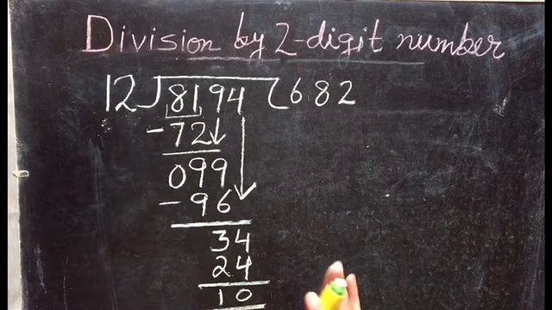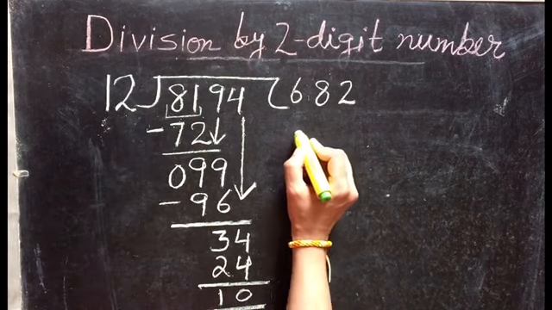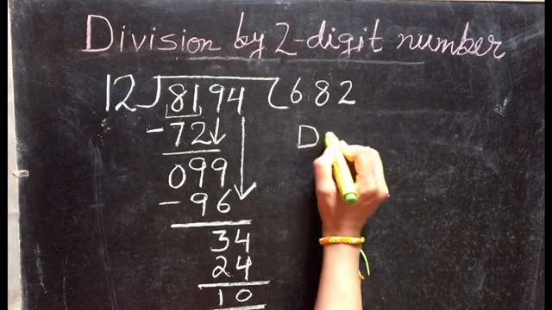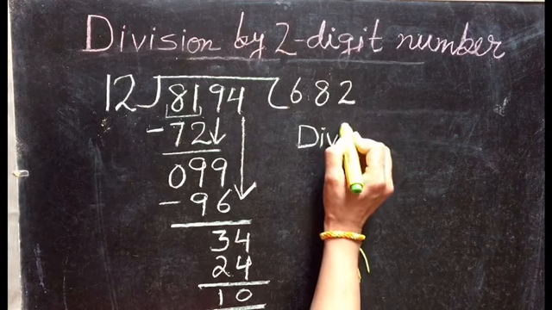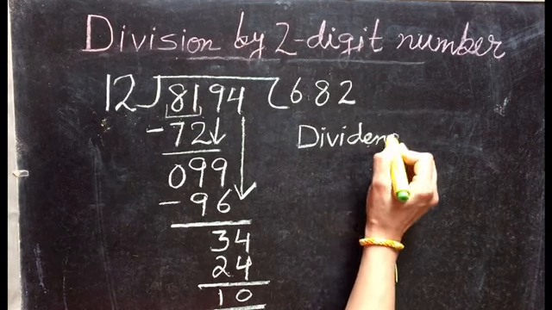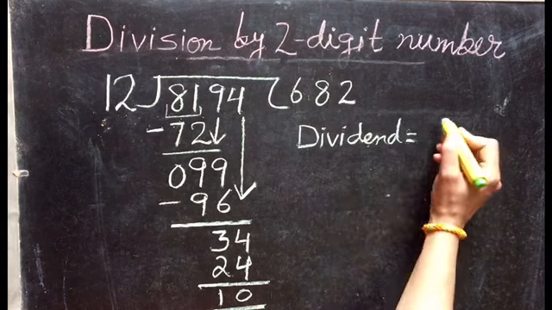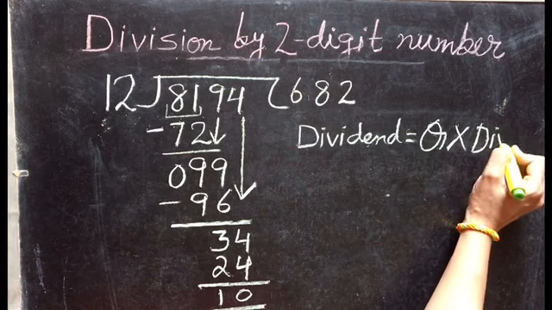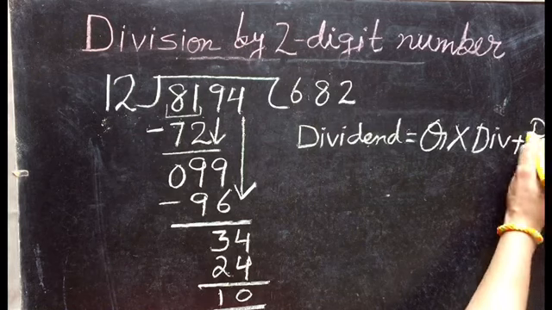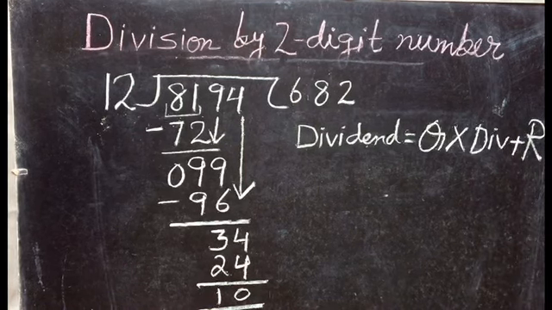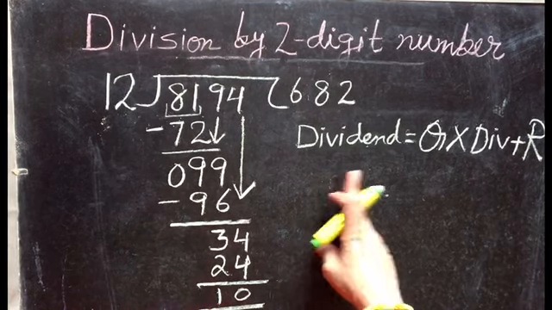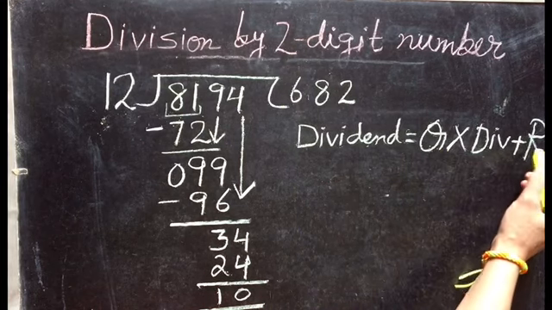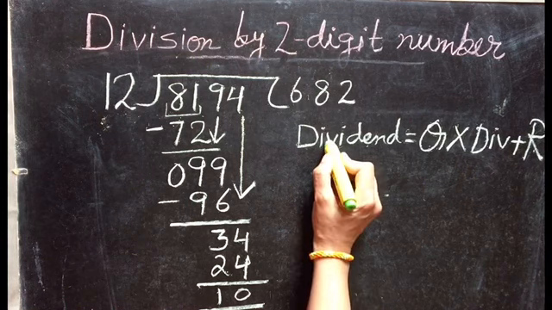Now, there is a relationship between dividend, quotient, divisor and remainder. Dividend is equal to quotient multiplied by divisor plus remainder. Fine. So here, what is the dividend?